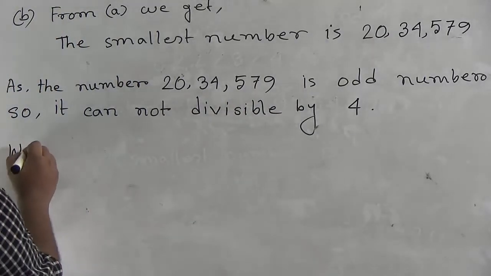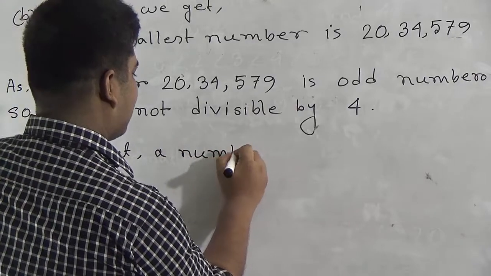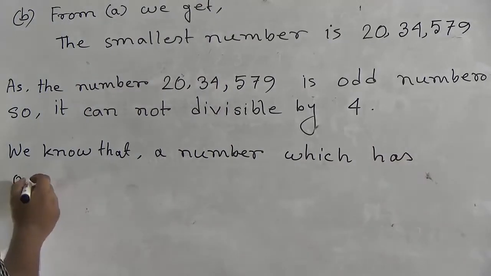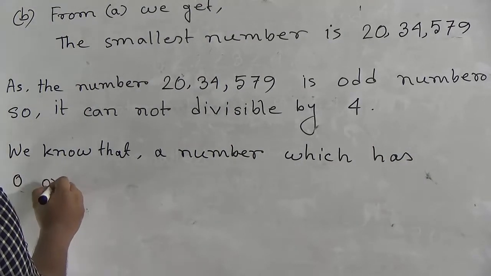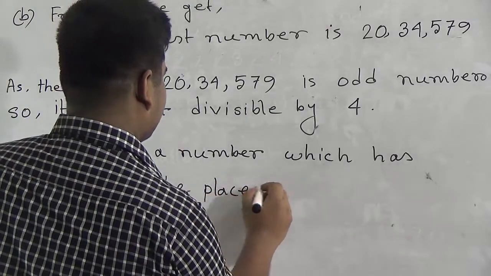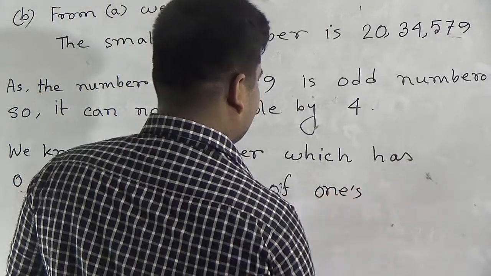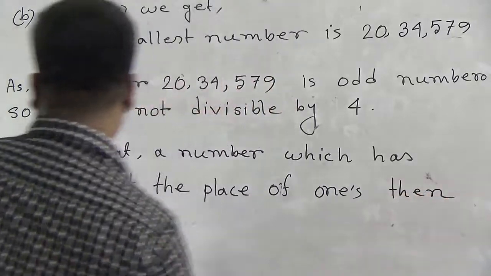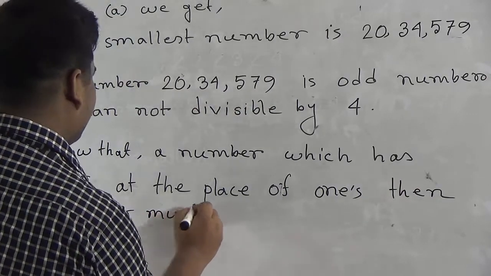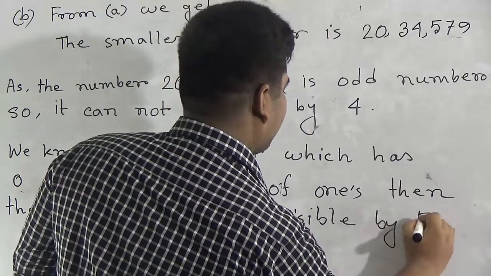Student, we know that a number which has 0 or 5 at the ones place must be divisible by 5.